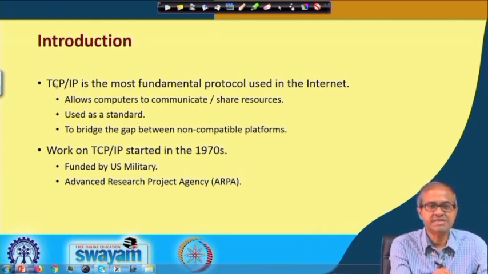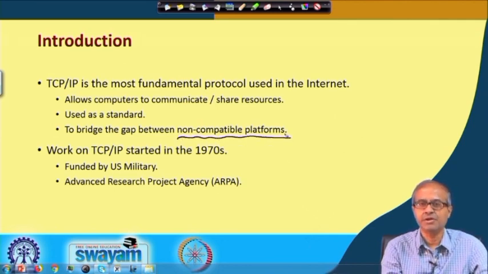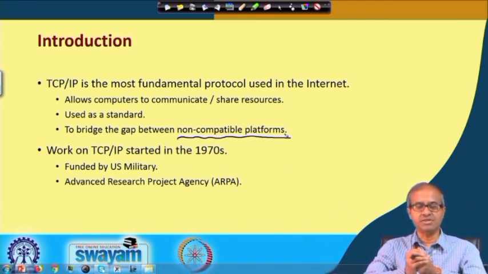Now, this TCP/IP as a universal standard is used to bridge the gap between various different platforms. Well, when you say platforms, you can think about operating systems to start with. You have Windows, you have Linux, you have Mac, then you can have different kinds of networks also.